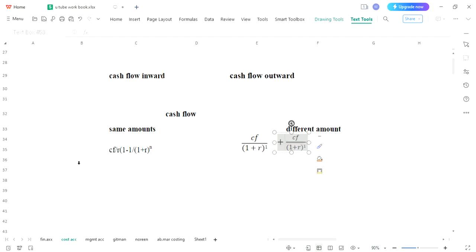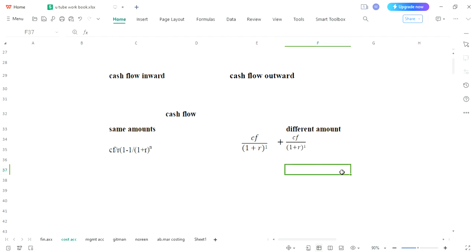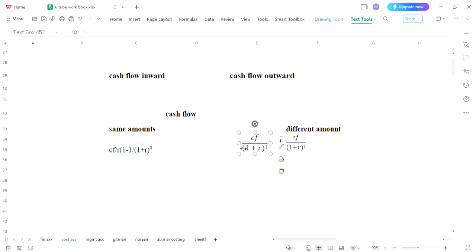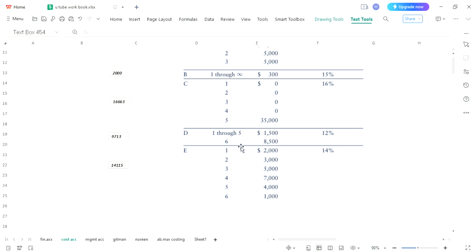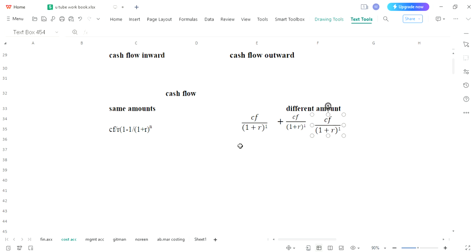Okay, so this is the way you will write your second installment, and then you will be writing your third one, and again you will be using the plus sign. Let's make it plus. A little gap is needed. Alright guys, so in this way you have completed it.